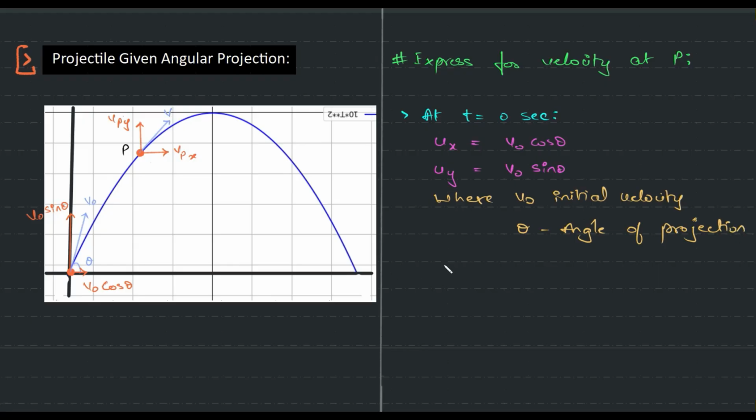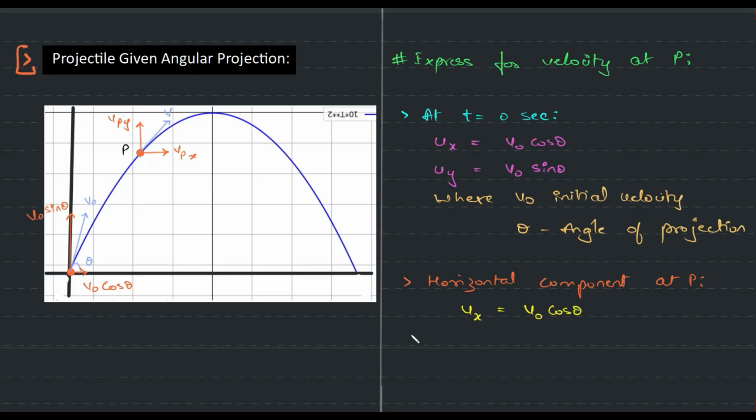Next, we have the horizontal component at point P, that is Vx is equal to v naught cos theta.